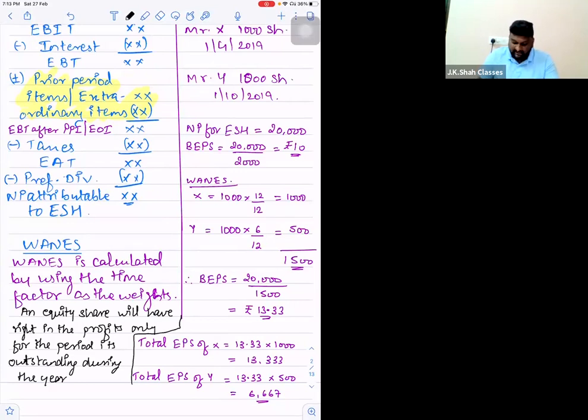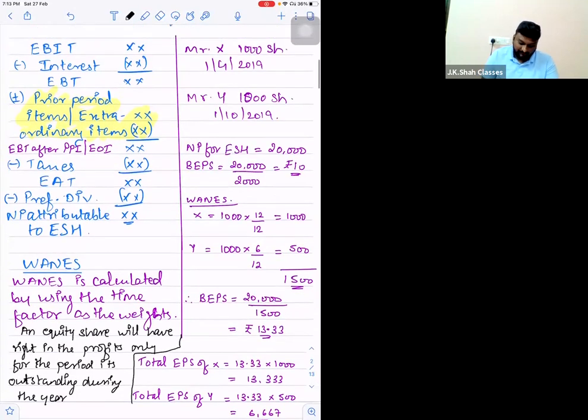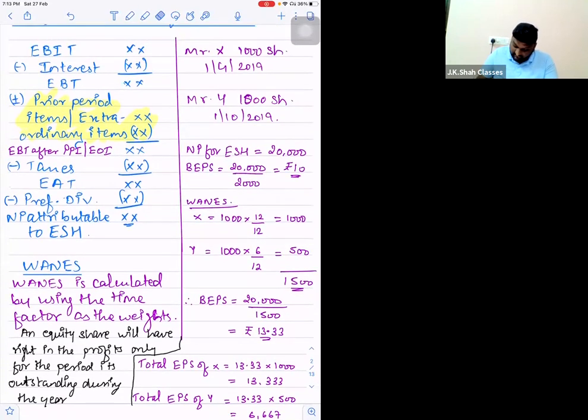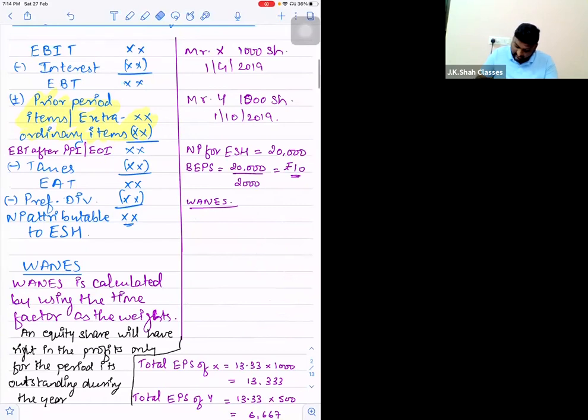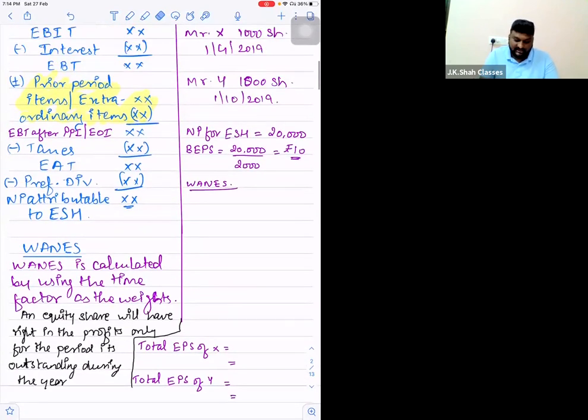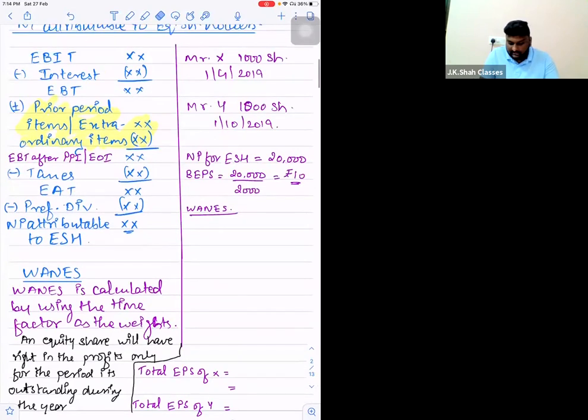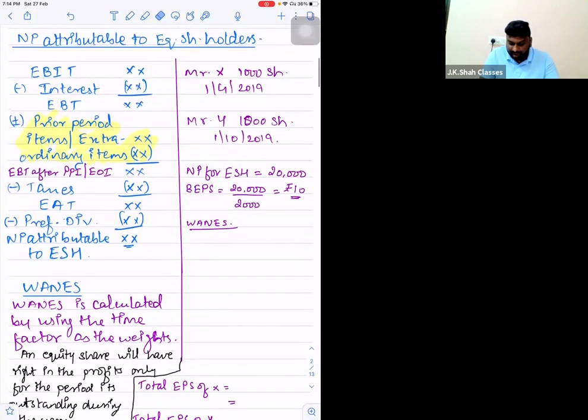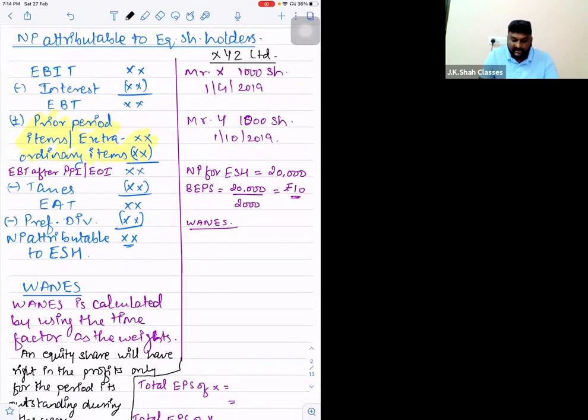Now, please understand with the help of this example. I will solve this example once again for you. Once I'm solving this example, you will exactly come to know why I have done the weighted average. Sir, there is a company called XYZ Limited, and in this company we have only two shareholders.